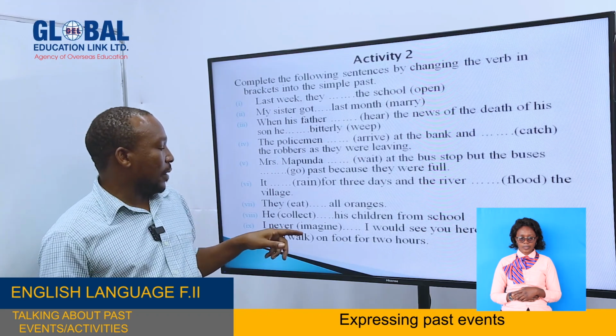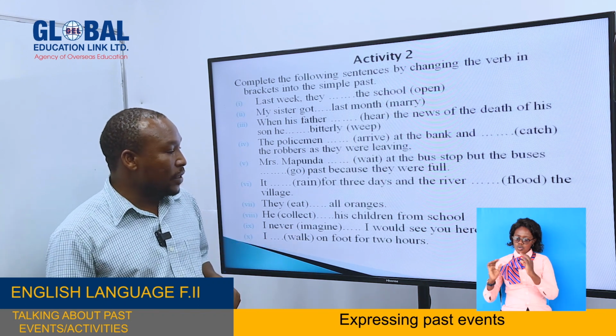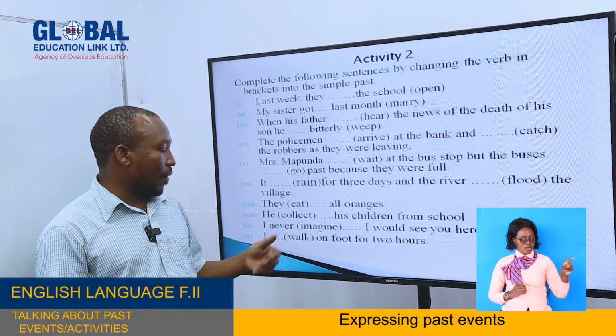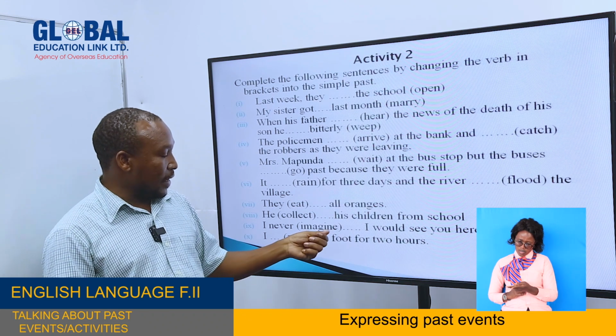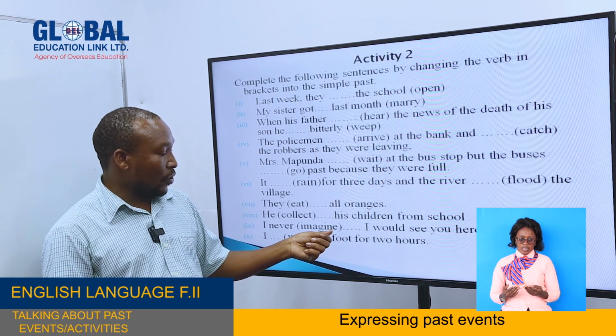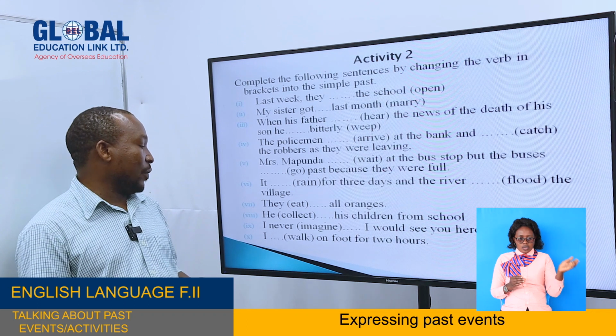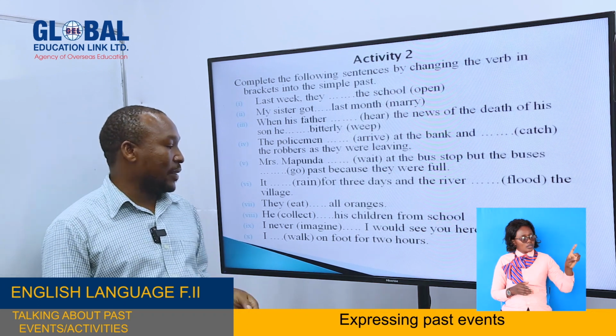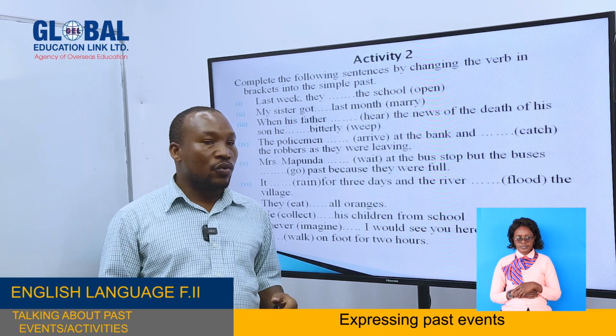I never (imagine) I would see you here. This is a regular verb, but because it ends with silent e, it takes only d. Therefore, it will read, I never imagined I would see you here.